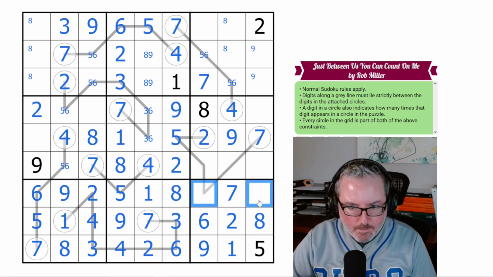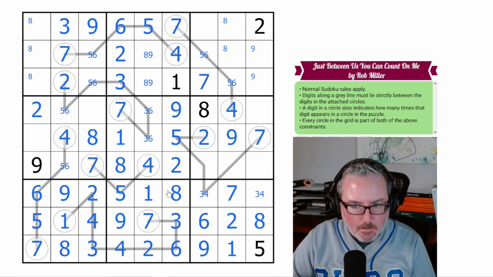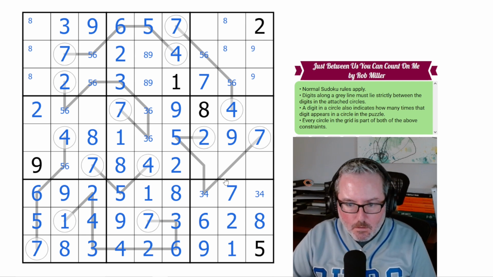Now these two have to be 3 and 4. I don't have something that can tell me what those are just yet. What else can we look at? This digit, we said it has to be between 2 and 7, so it's from 3, 4, 5, or 6.